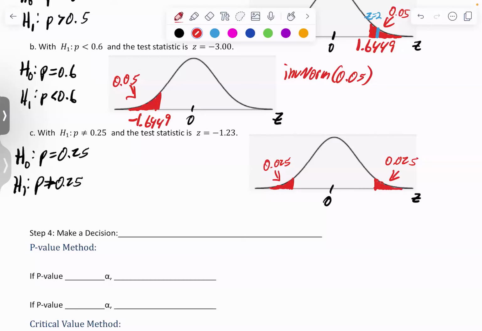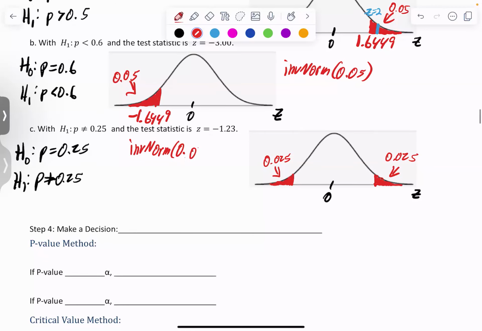And to get the critical values, I need to do inverse norm of 0.025. And let's see what we get.